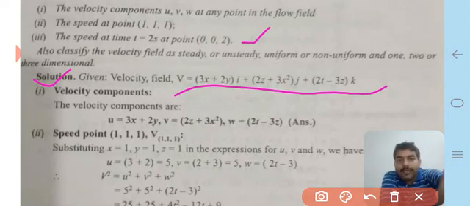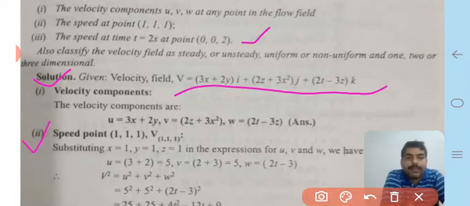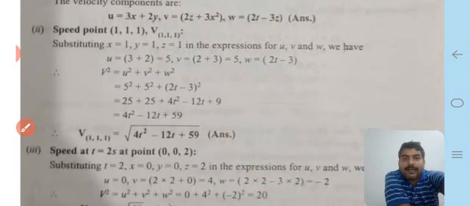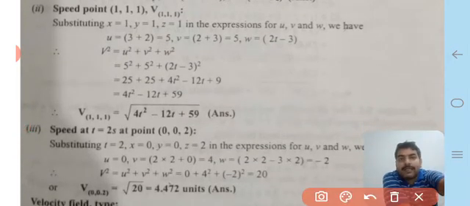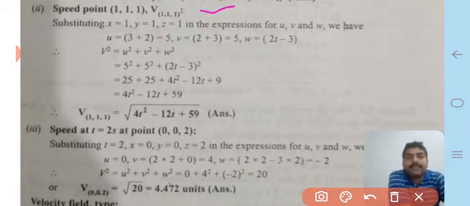Now I come to the second part of the question, the speed at point (1, 1, 1). That is, x is 1, y is 1 and z is 1.